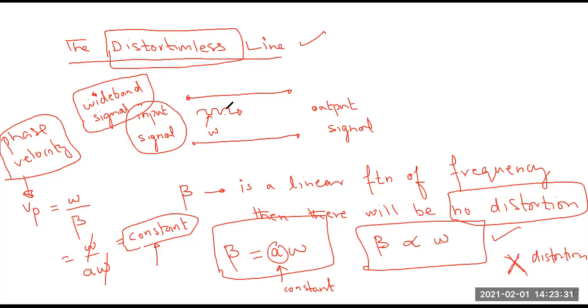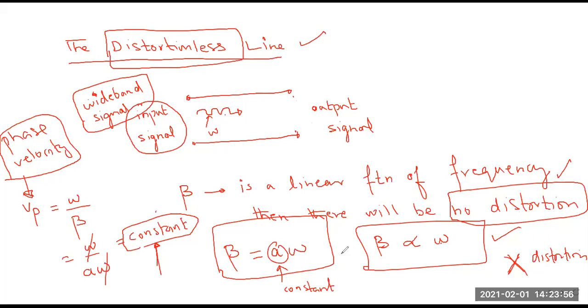So when all frequency components have the same phase velocity, all of them will arrive at the output at the same time, and that is the reason we get this no-distortion behavior. All frequency components arrive at the other end of the transmission line at the same time, so there is no distortion.